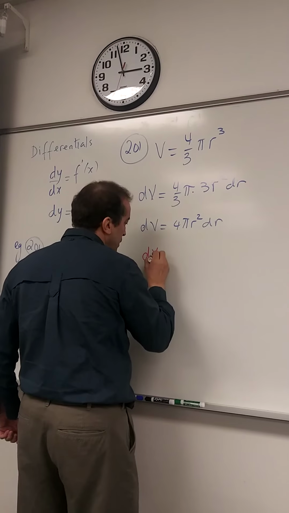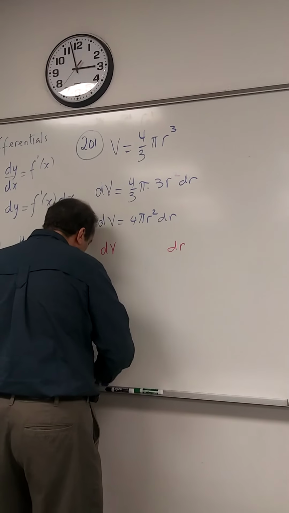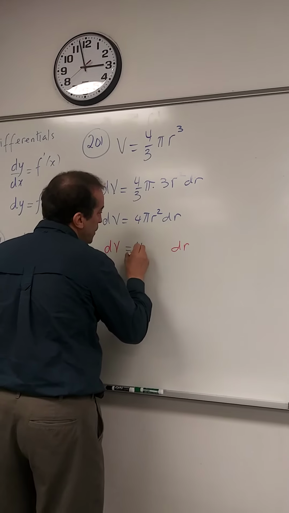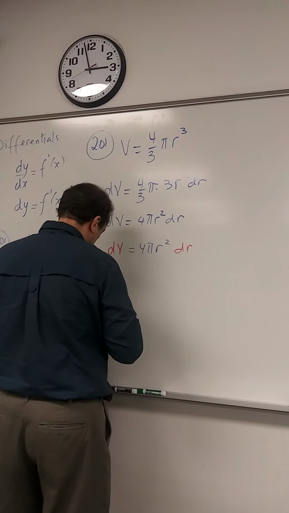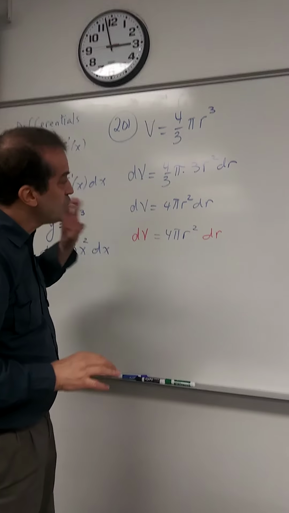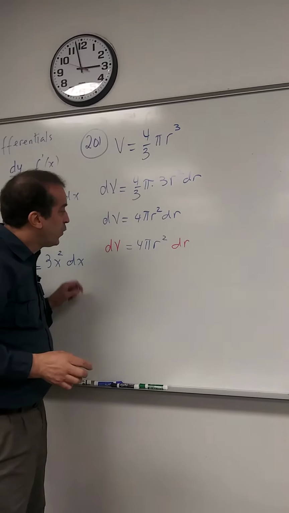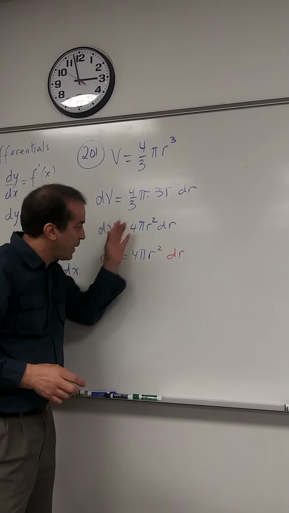So dV equals 4 pi r squared dr. What does this mean? It means if the radius of a sphere changes by a small amount dr, the volume of the sphere will change by this amount.